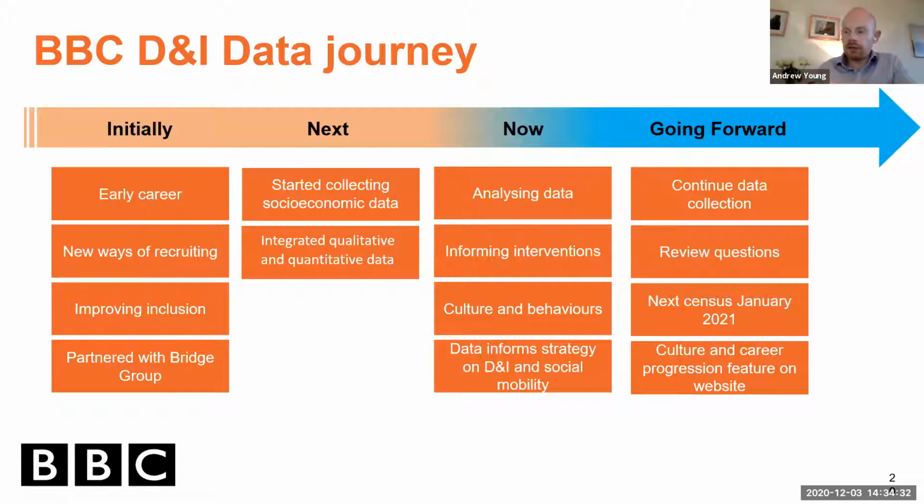But because it's held as part of the HR record, it's not a snapshot census. It is kept up to date as people join and leave the organisation, and so new joiners are also asked those questions as well.